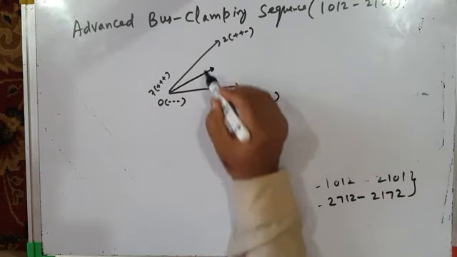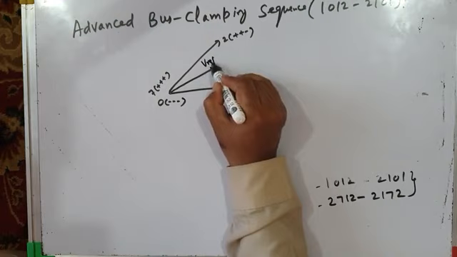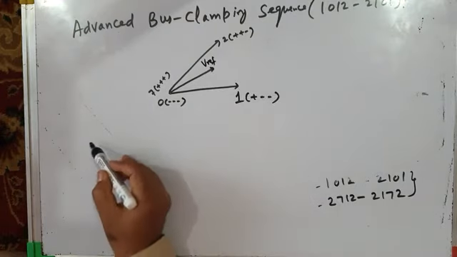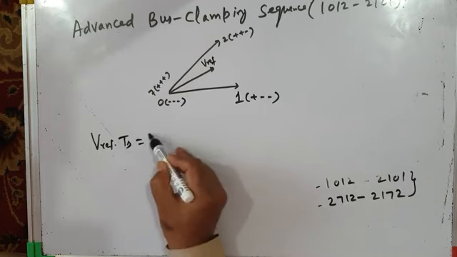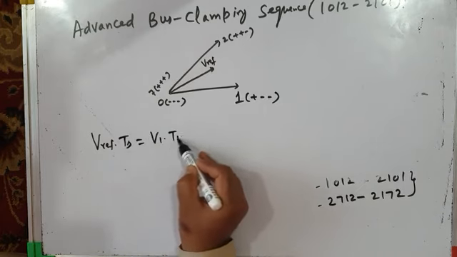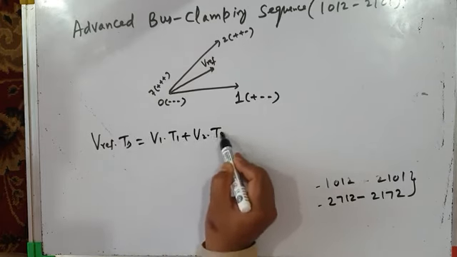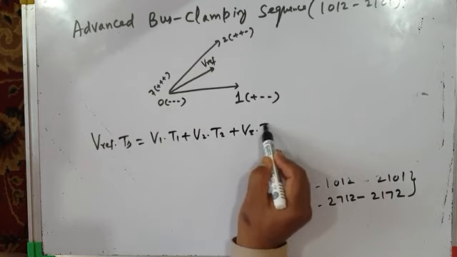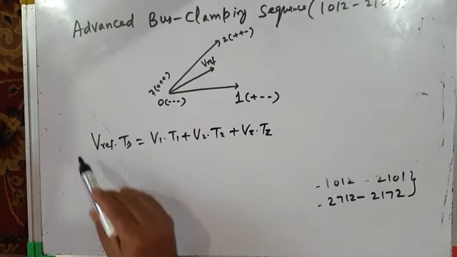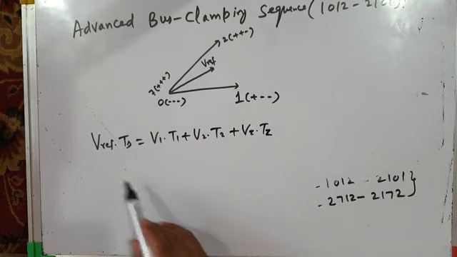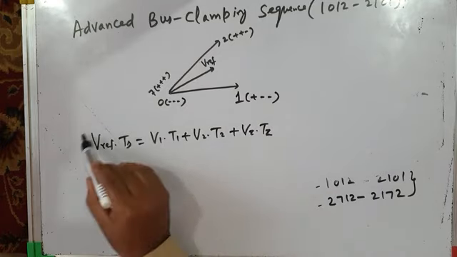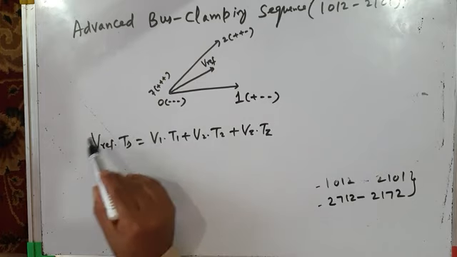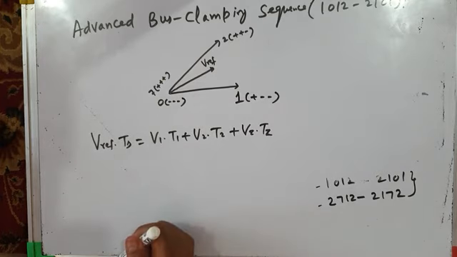And time averaging of these will give rise to the rotating reference vector Vref. And we already know that Vref Ts is equal to V1 T1 plus V2 T2 plus Vz Tz. So this is the volt second balance. Vref Ts, where Ts is the subcycle duration, is the volt second of the reference rotating vector.